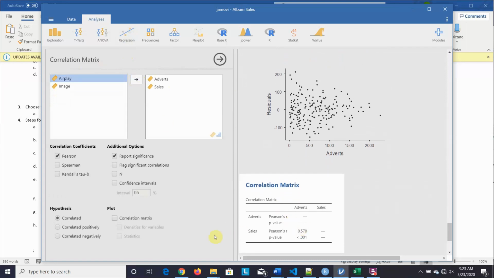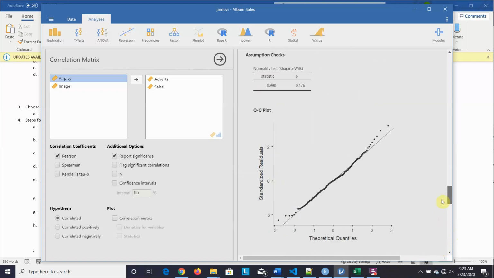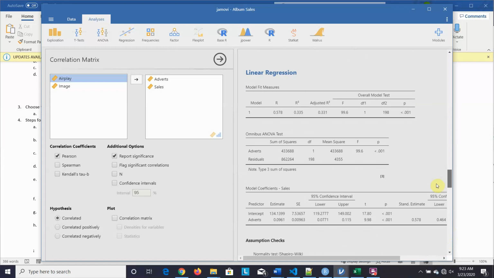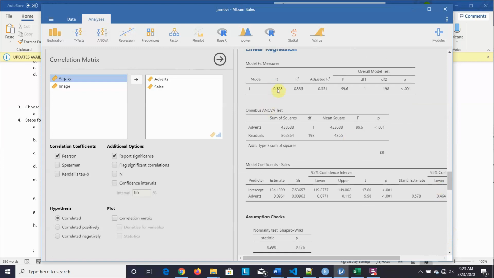When we get that correlation, we see it's 0.578. When we go back up and look at our regression information, this big R is 0.578. We only have one predictor and one outcome, and so the relationship between the two matches the Pearson r.